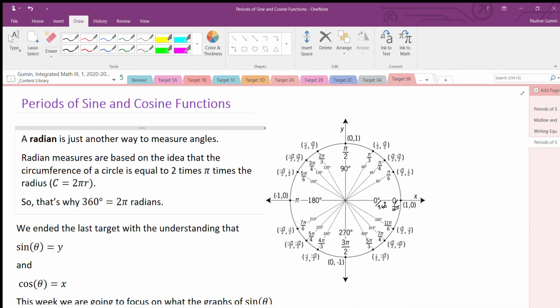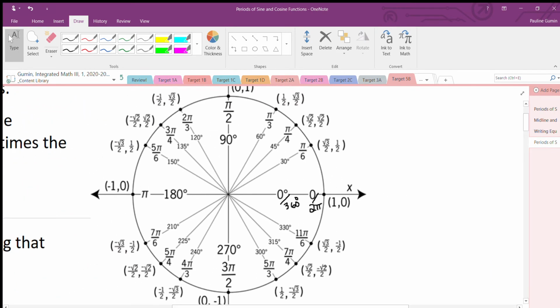I relate it right back to degrees. If we take a look here, we begin at 0 degrees, we go whole circle, end up at 360. This diagram didn't have it written down. I jotted it in. Same thing goes for our radians. We start at 0, we go full circle around, and we end at 2 pi.